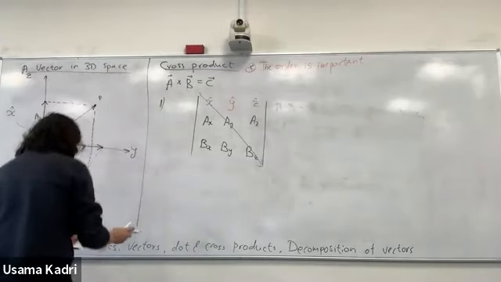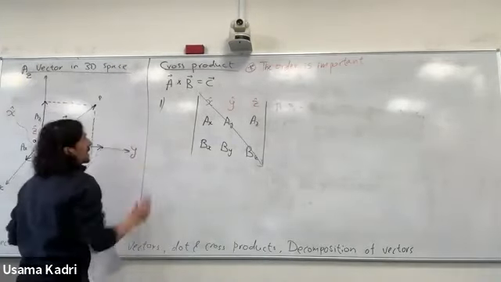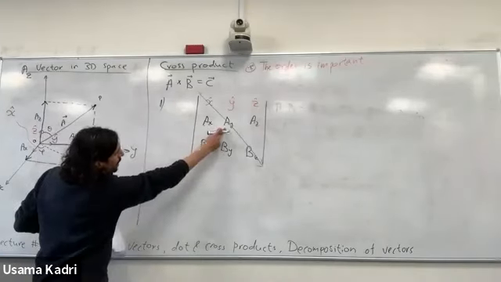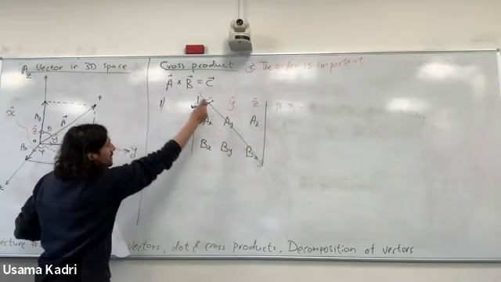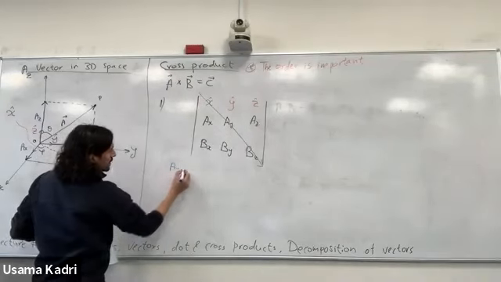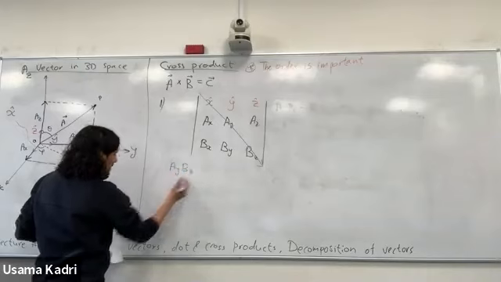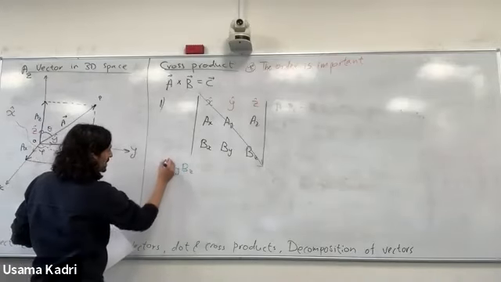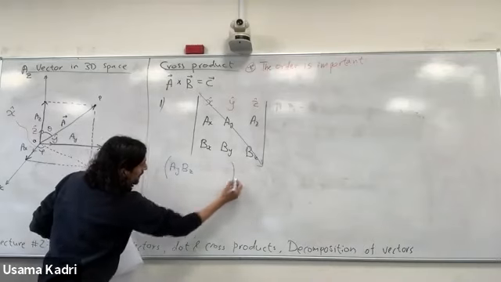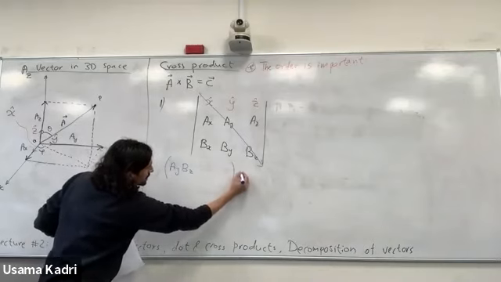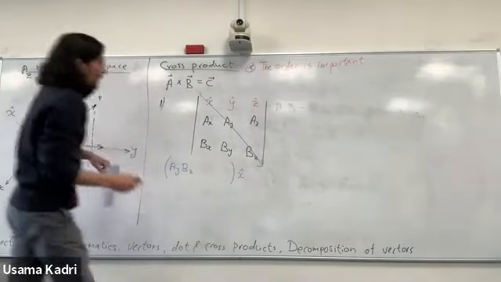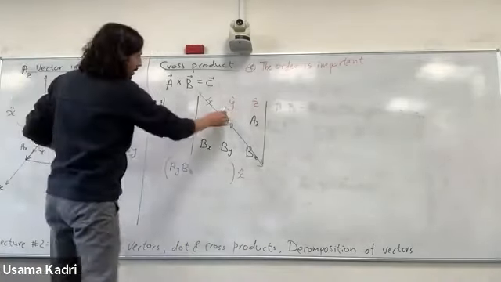And what I can write now is AY times BZ in the X direction. So I write AY times BZ, and that is in the X direction. I'm going to leave space here for later on. This is in the X direction.